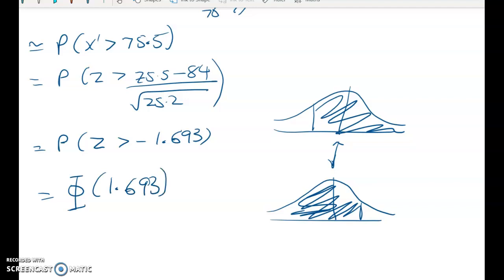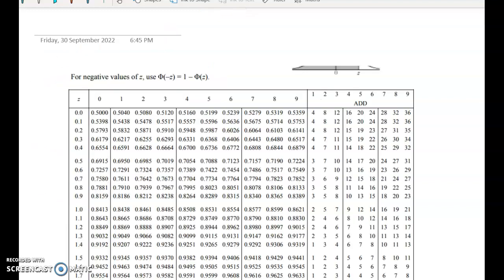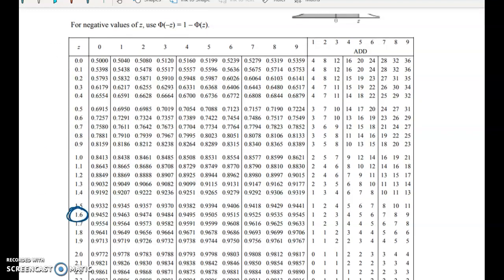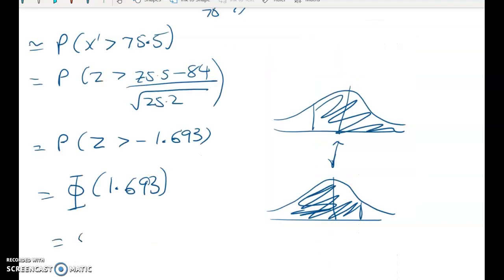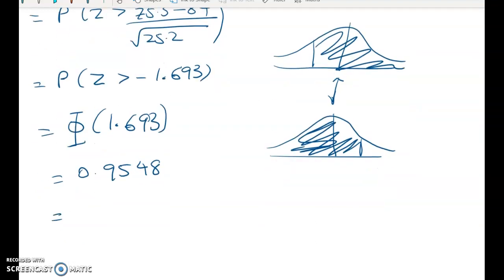Right, so phi of 1.693 I have to get from my normal table, which hopefully is on the next page. I've got 1.69, but I have to do 1.693, so I've got to add on those little 3 points to 0.9545. So that's going to give me 0.9548. And I need to round that to 3 sig figs, and I get 0.955 to 3 sig figs.